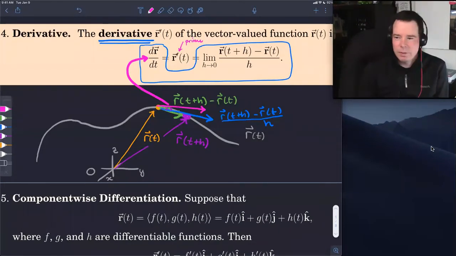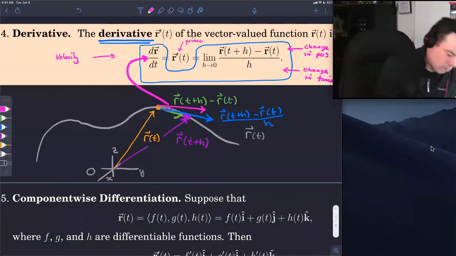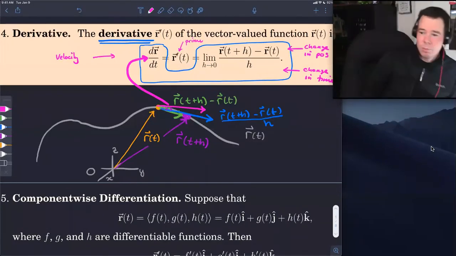So you've traveled h units of time. If it helps, think of this as change in position, and this as change in time. Then this would be velocity. So that might help as a concrete example.